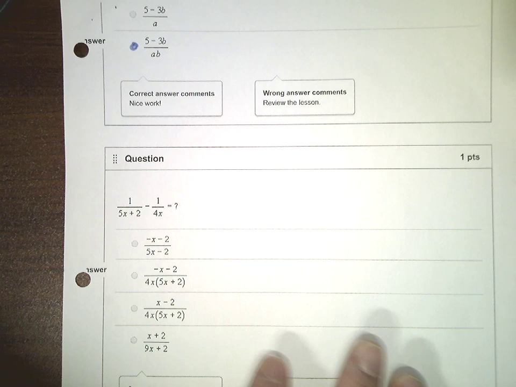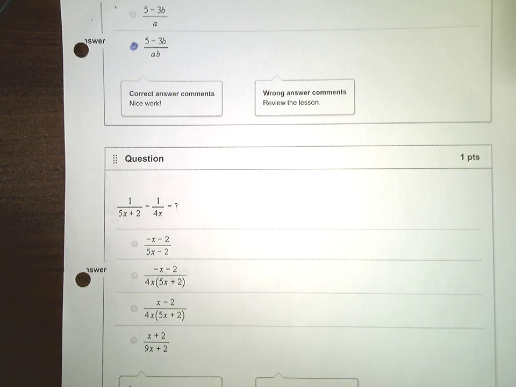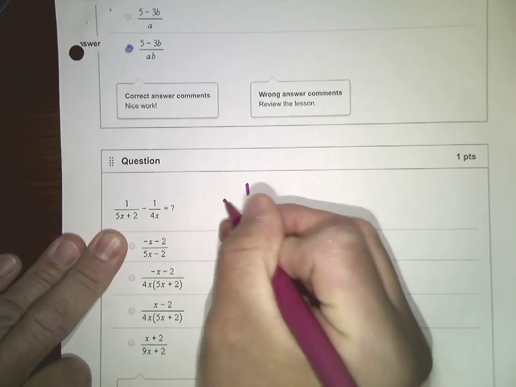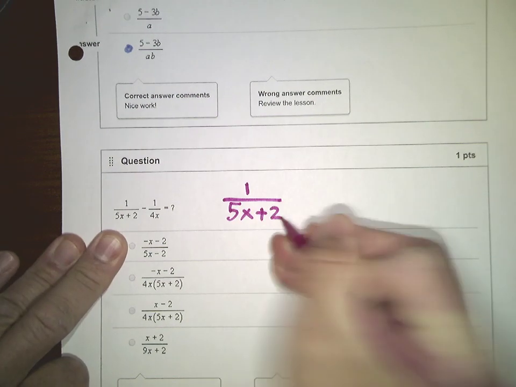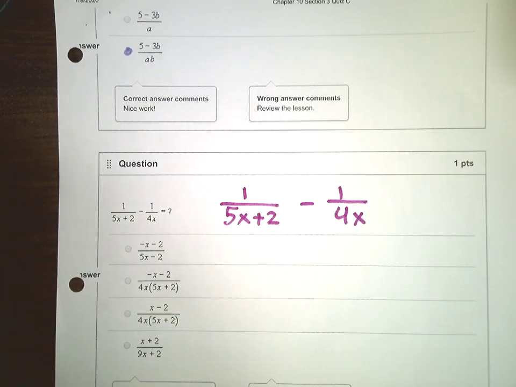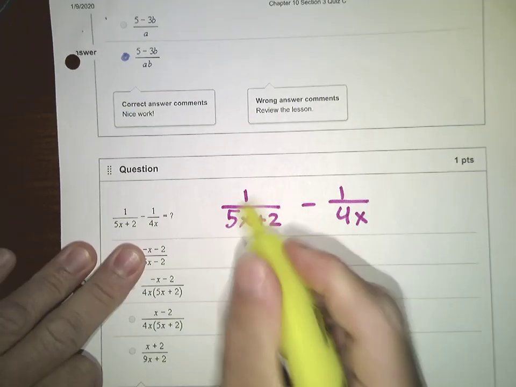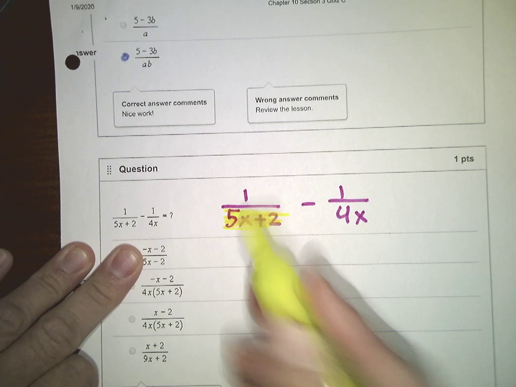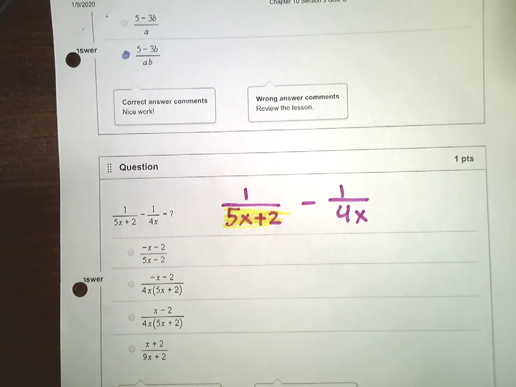So we have 1 over 5x plus 2 minus 1 over 4x. So I see here that this denominator has a 5x plus 2, but this denominator does not have that.